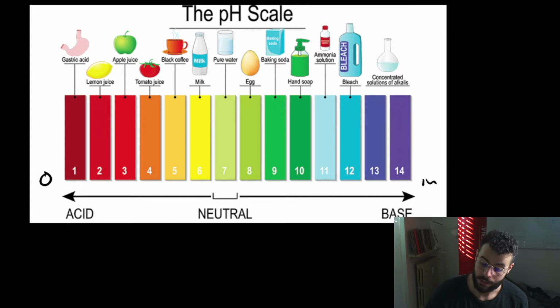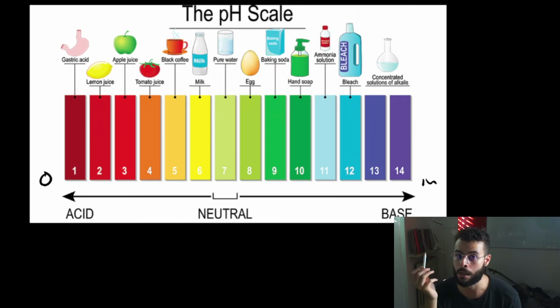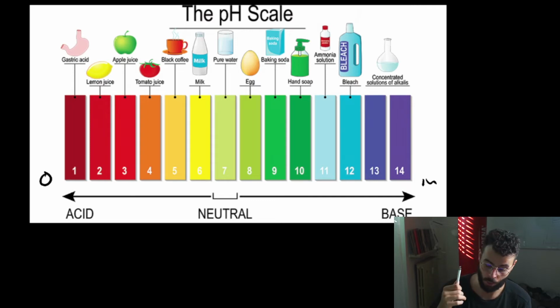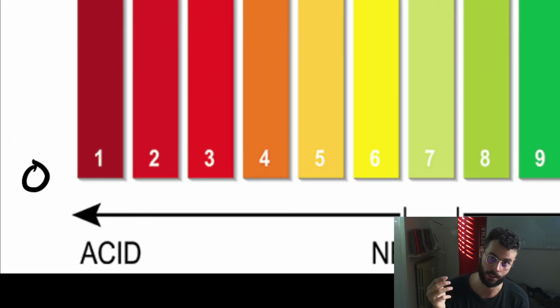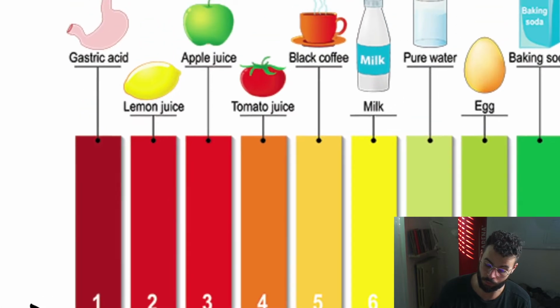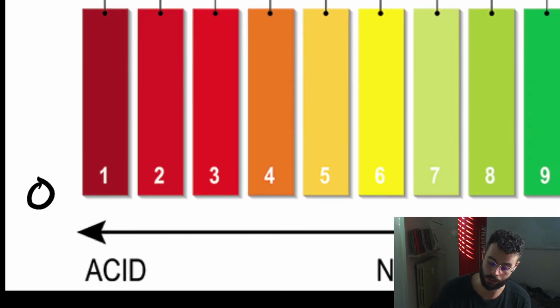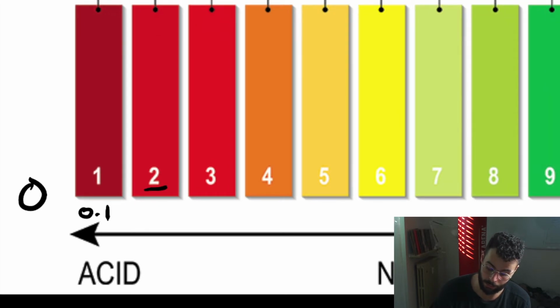A logarithmic scale is a scale where when you go from one number to the next number, it decreases by 10 times, which means that if the concentration of the protons in 1, for example, is 0.1, the concentration of protons at the second number will be 0.01.